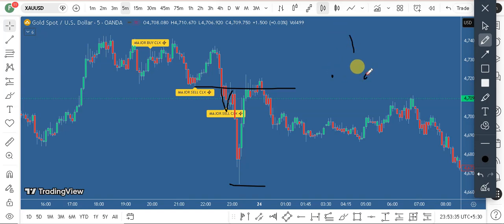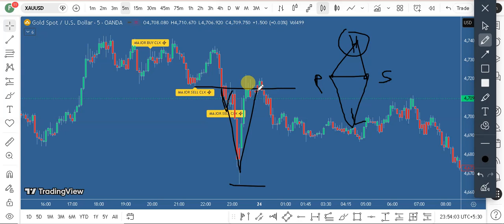Whenever this has to be a support, then I consider a swing high, and if this is a resistance, then I like to see this to be a swing low. That is based on my understanding. But some people might also see it like this. This is also kind of a swing, a micro or mini swing, you can say.